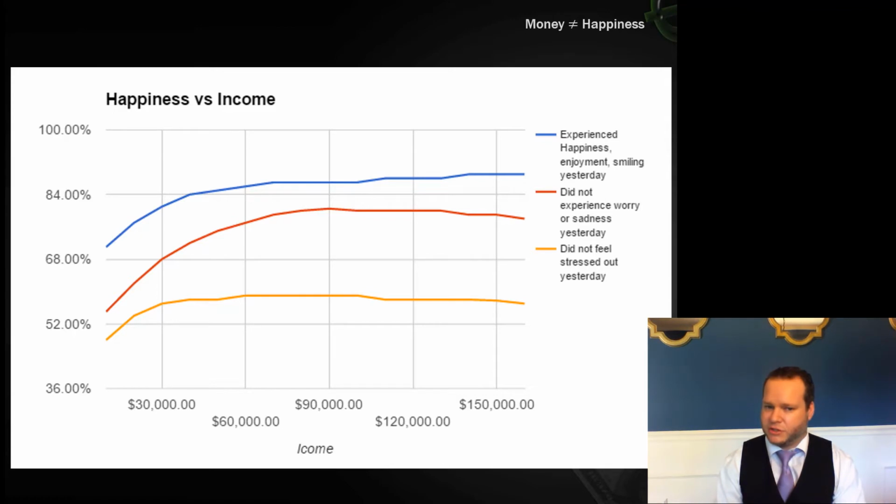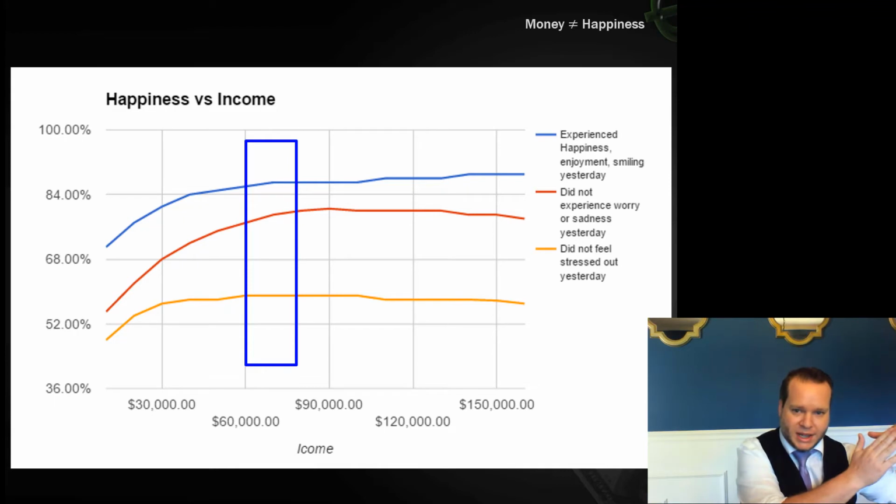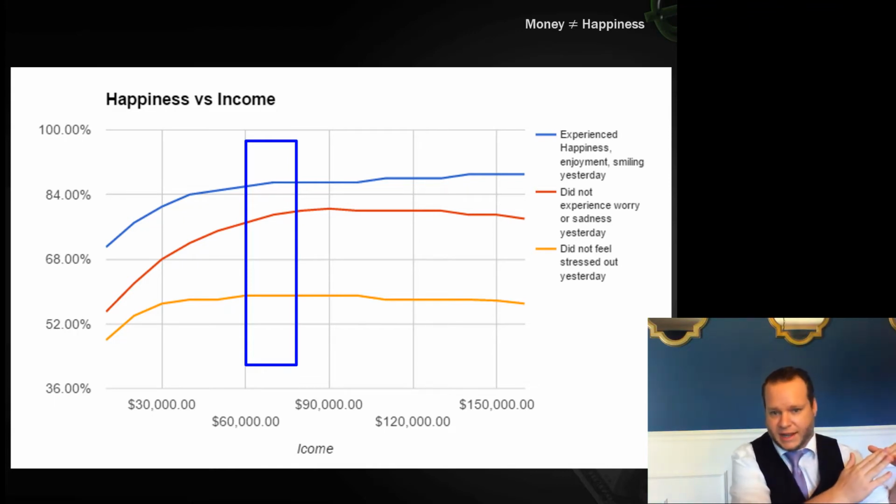But do you notice an interesting trend here? Right in here, in the $60,000 to $80,000 a year range, it flatlines. People do not get happier with more money if they're above this threshold. Now, if they're below it, they certainly do, right? You can see it rising. But after this point, it goes flat. And people do not get happier, do not get less stressed, do not get less sad.